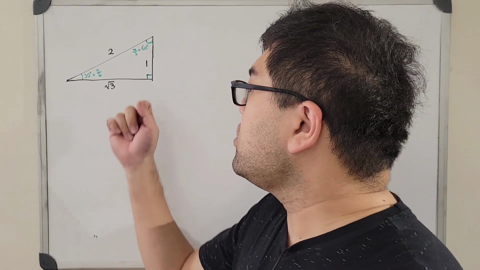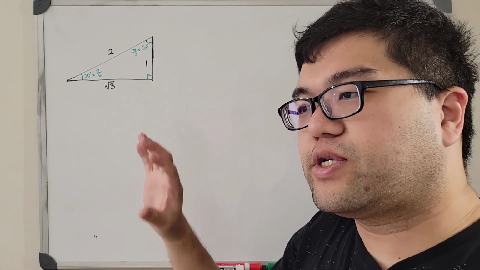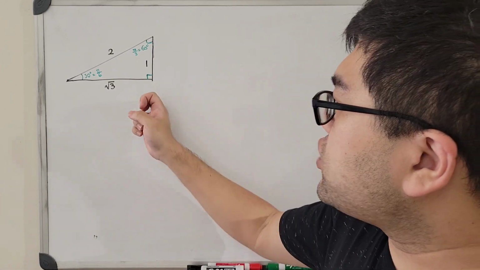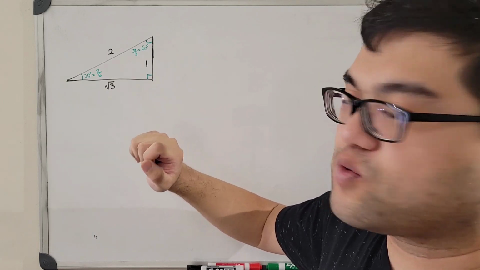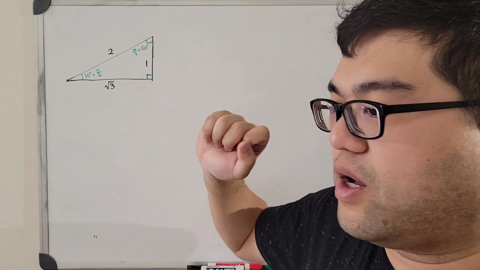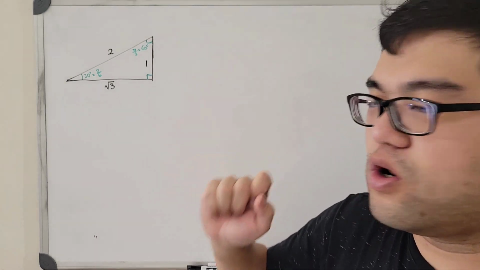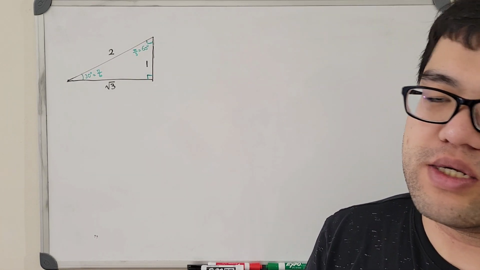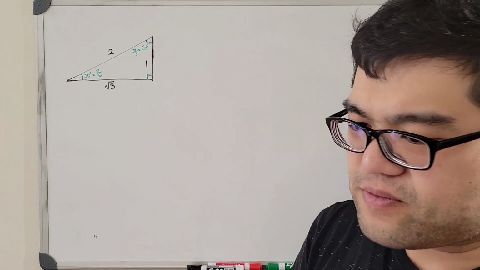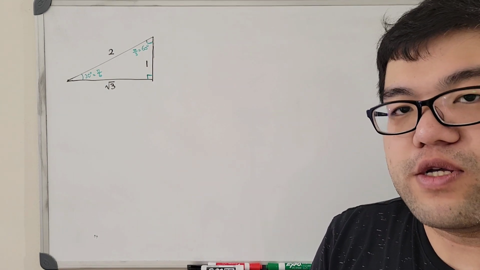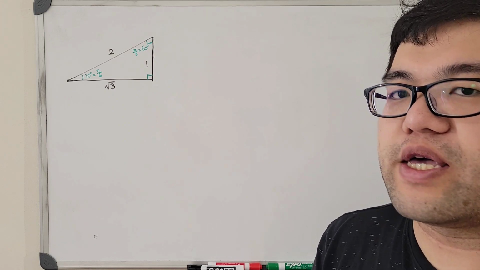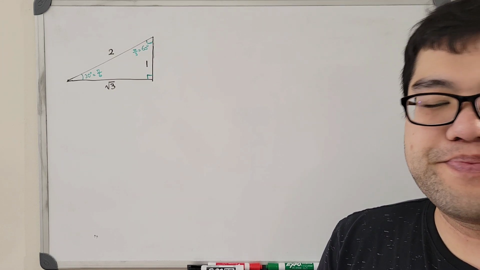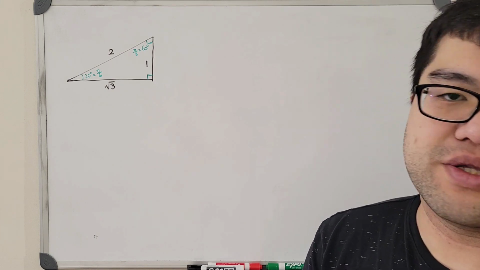But today we're going to use a slightly different method from my first video to find the value of sine, cosine, and tangent, as well as cotangent, of 15 degrees or 75 degrees, because again, sine and cosine are interchangeable, as well as tangent and cotangent.